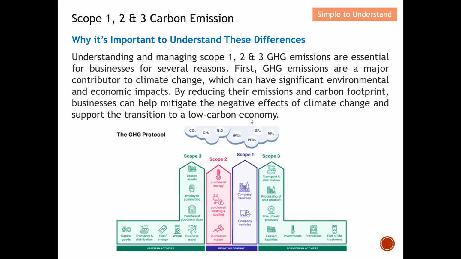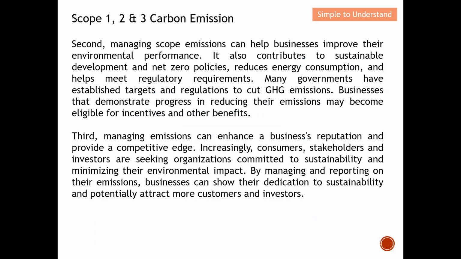The key idea is the initiative from the government. Because the government has this requirement, it becomes a regulation. Once it becomes a regulation, more and more companies need to comply with it. Hence, it's always important to understand the key differences between scope 1, scope 2, and scope 3 first.